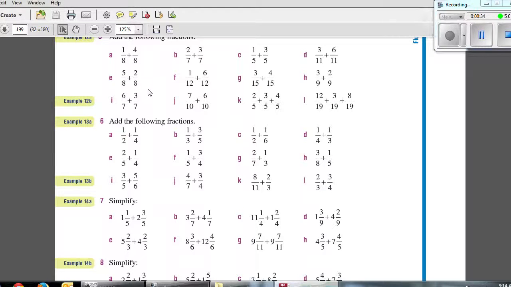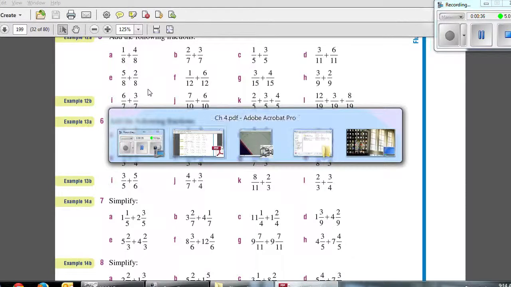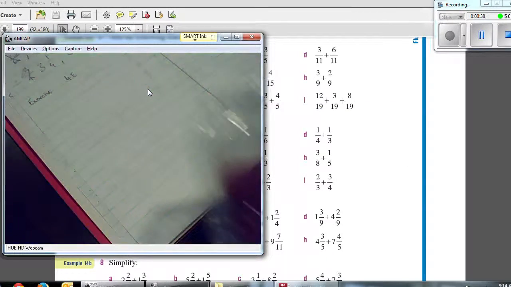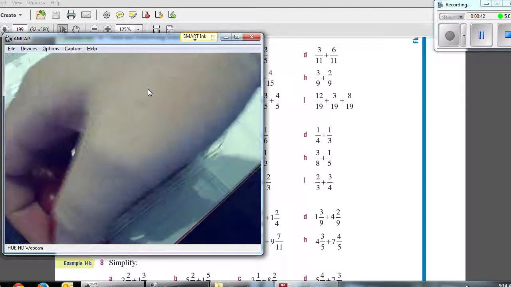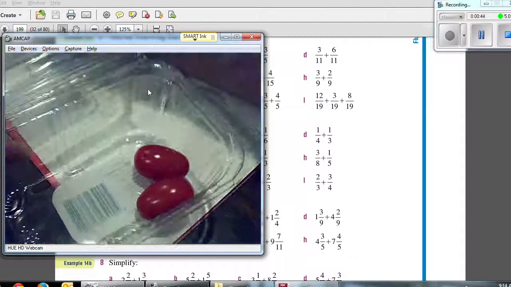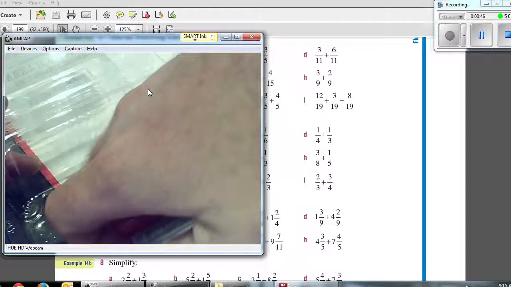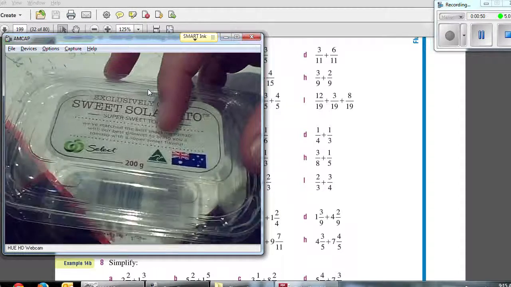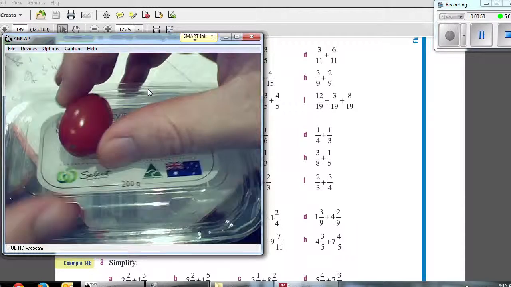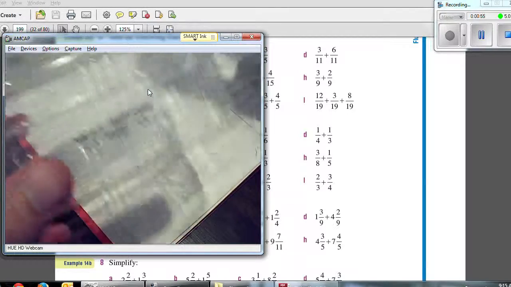Just as a bit of an example here, have a quick look. Here I've got a punnet of cherry tomatoes. I'm just going to take them out of there. If I look at these two things, I've got my tomatoes here and my container here.